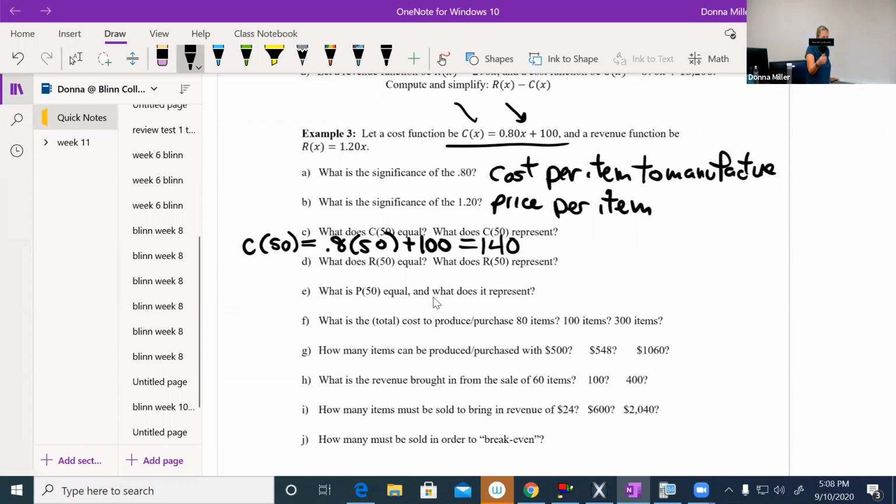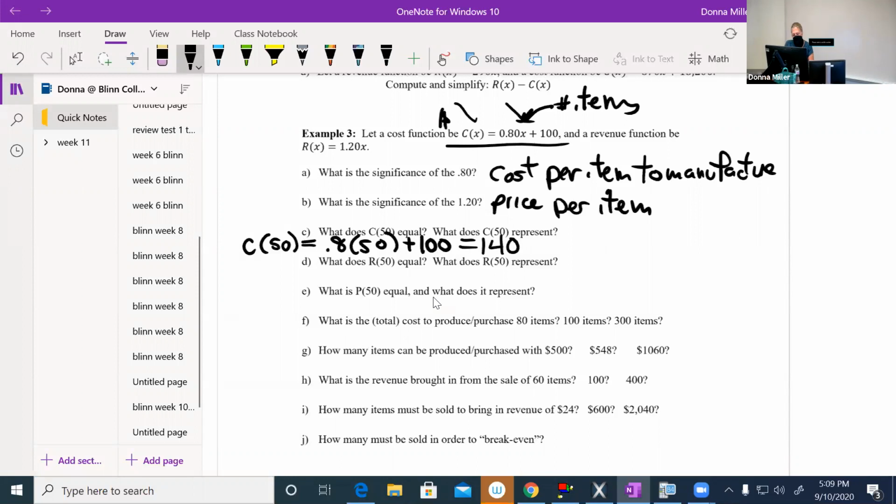So C of 50 is the cost for these 50 items, right? So the number on the left here is dollars. And this number here, X, is the number of items, right? When we plug in 50, it's the cost for me to manufacture 50 items, right? Remember, it's always from the business standpoint, for the business.